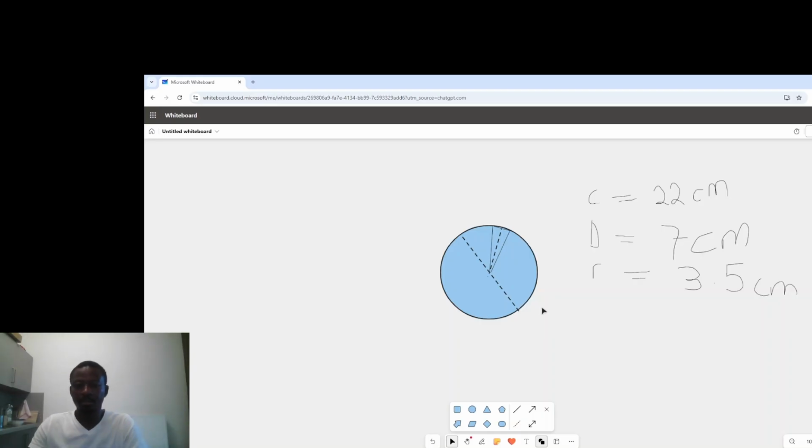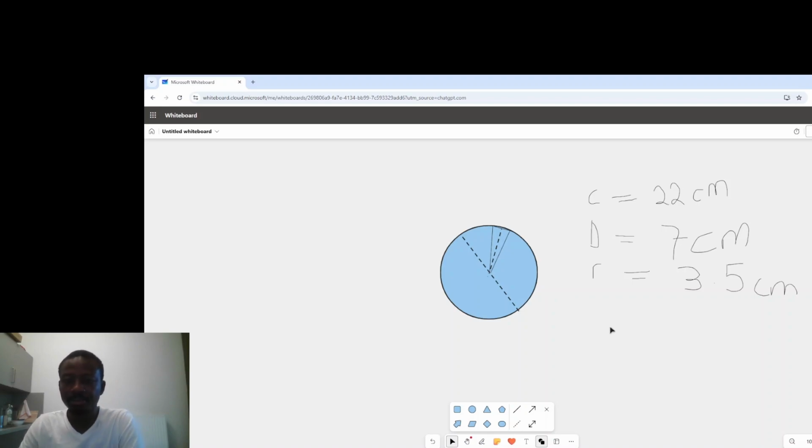Okay. Now, the longer dotted line is the diameter, and the shorter one is the radius. So this is half of it, just to give a visual representation.